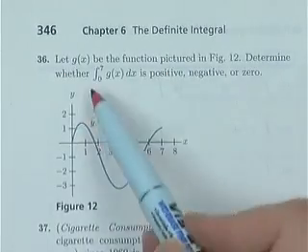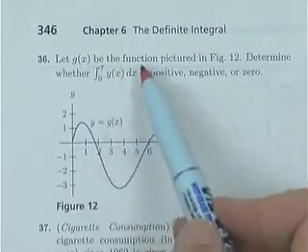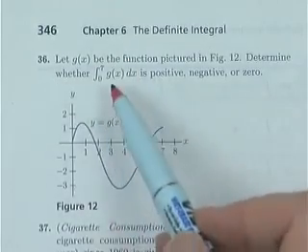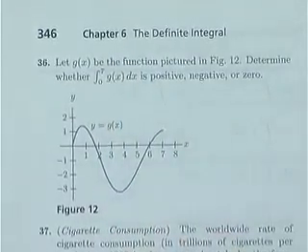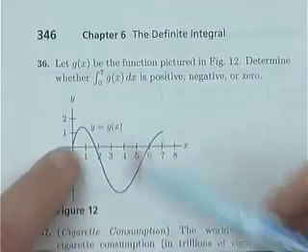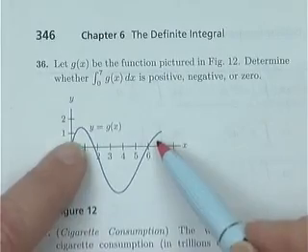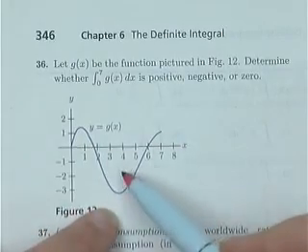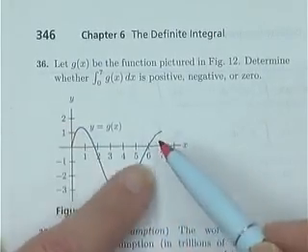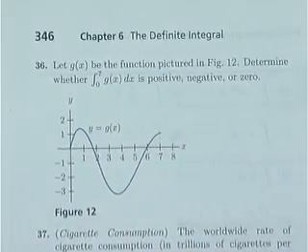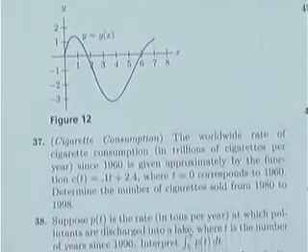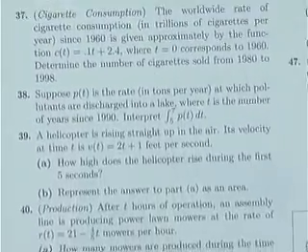Y'all are too good, because this is my Nike commercial. It says just do it, and that gives me the net area. If you look at this little area right here and this little area, that seems less than this area right here. So that's positive, positive, negative. Looks like it would come out to be negative. Okay? All right, let's go to problem number 39.